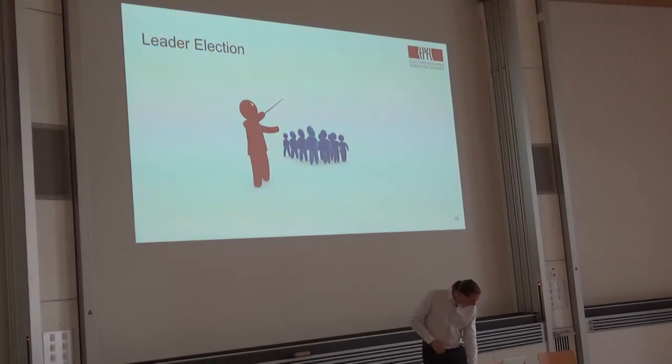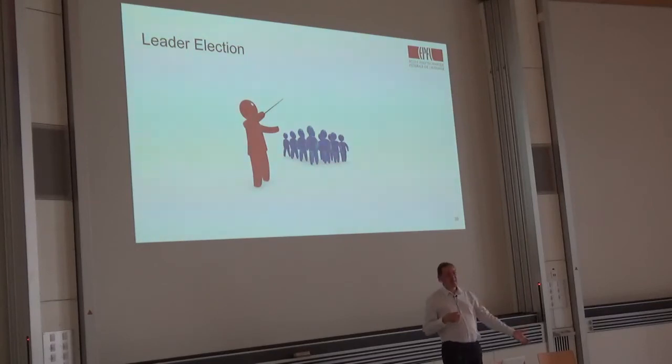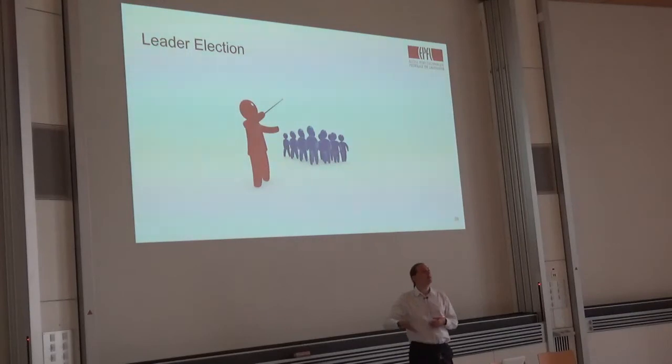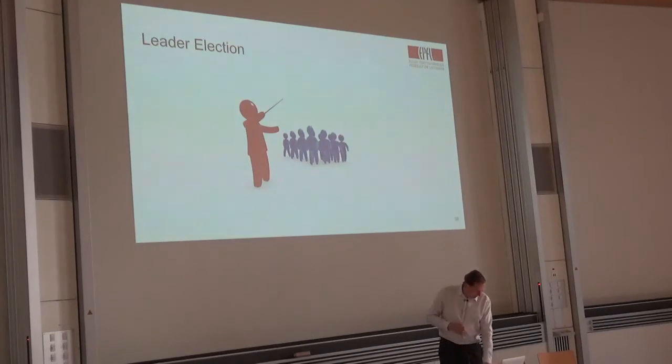So this is where, in order to achieve this, generally most consensus algorithms need a leader of some kind. The classic consensus algorithms like Paxos and Byzantine fault tolerance algorithms most often use leaders, and Bitcoin uses leaders too.